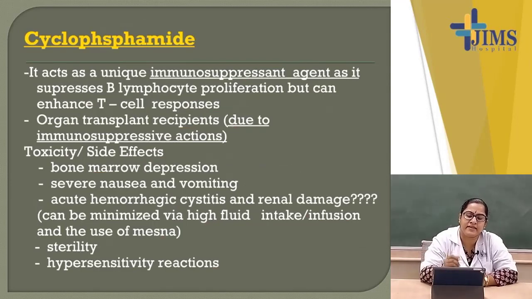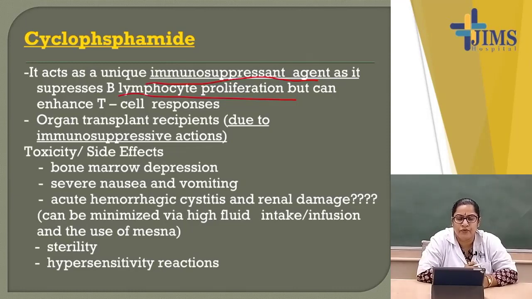Cyclophosphamide also acts as a unique immunosuppressant agent, as it suppresses B lymphocyte proliferation but can enhance the T cell response. In organ transplant recipients, it has been used for the benefit of the patient due to its immunosuppressive actions.